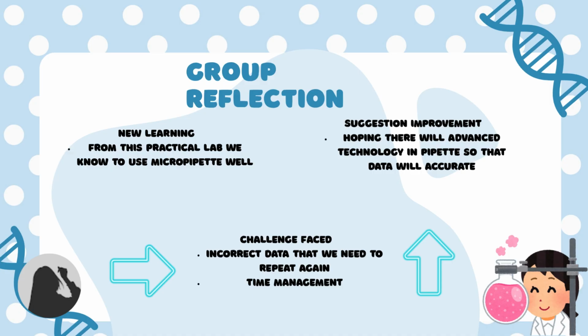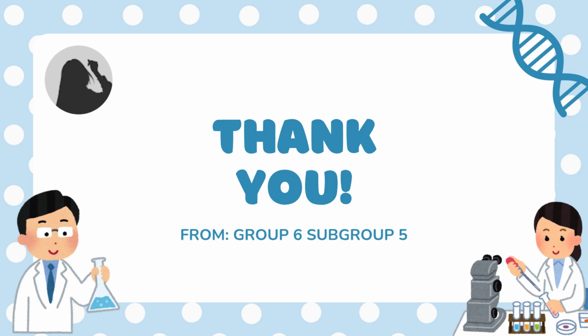My suggested improvement is I hope there will be advanced technology in pipettes so that data will be accurate and we don't need to face the challenge of incorrect data that we need to repeat again.